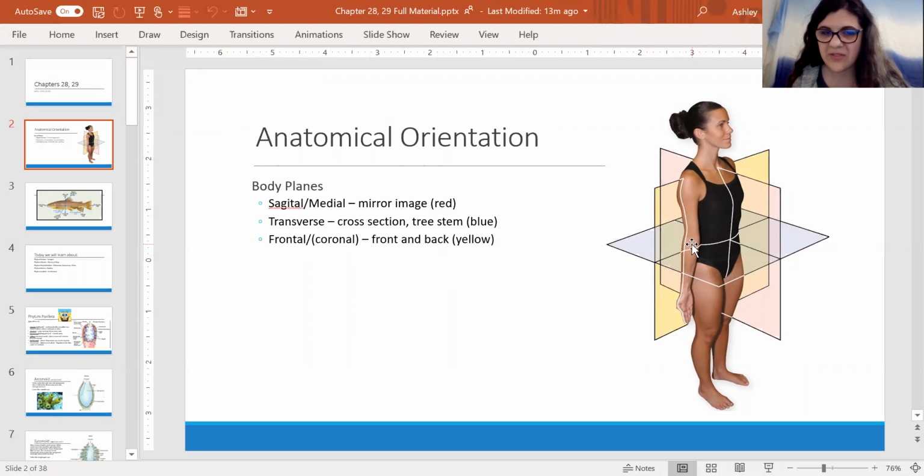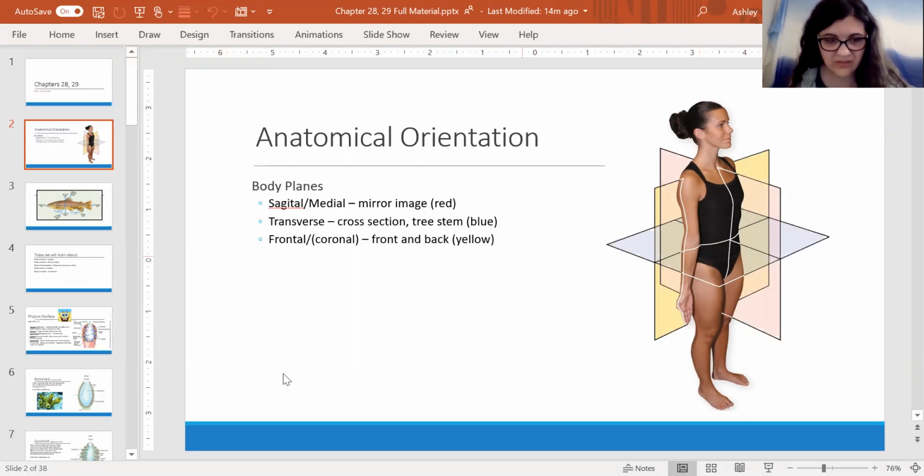You can think of a tree stem: as we looked at tree stems, we cut across and got to see all the rings. That is your transverse plane. Then you have your frontal and coronal plane, which separates the front side and the back side.